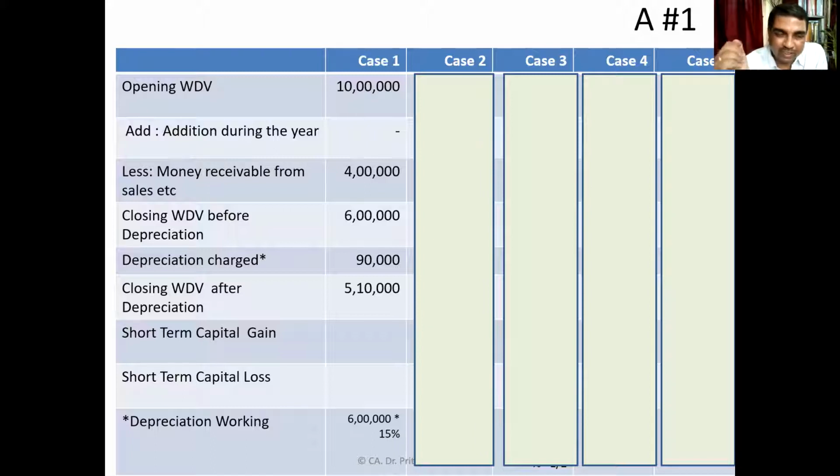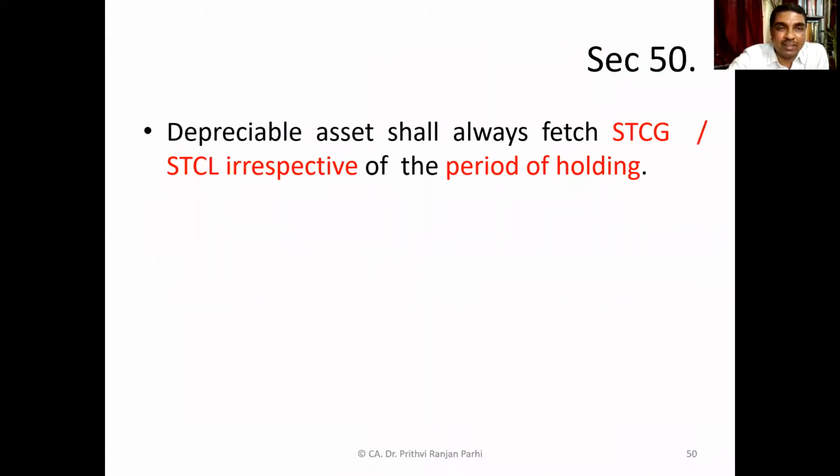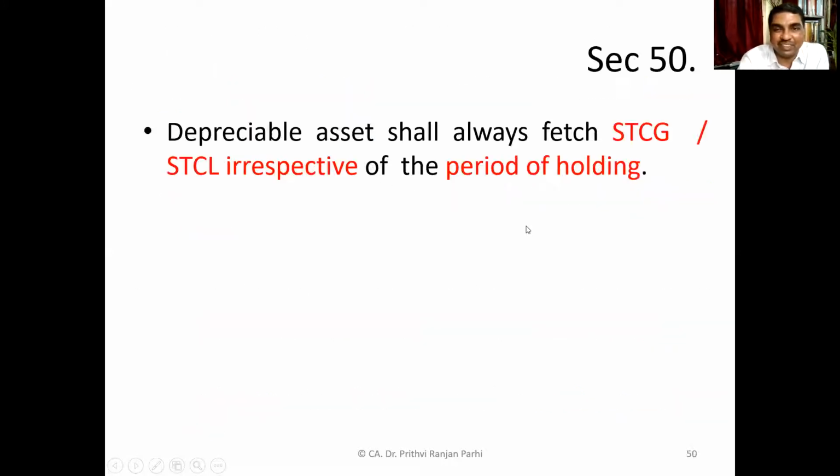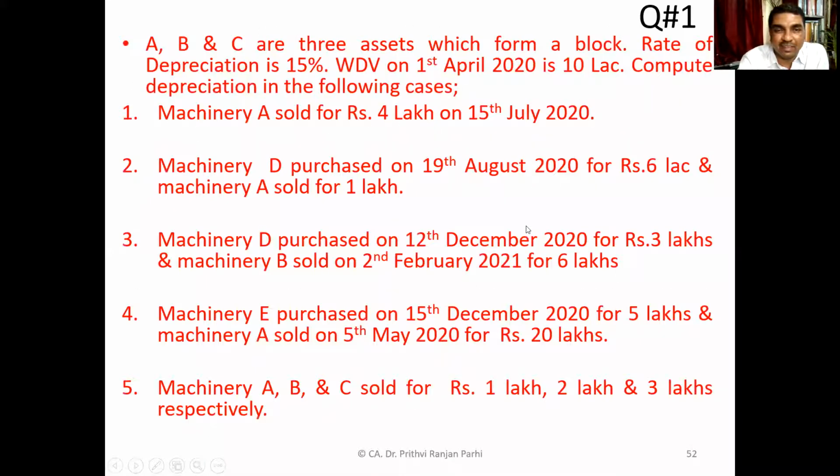The block exists, and the closing WDV you see is positive. Understood? If the closing WDV of the block before depreciation is negative, then there will be short-term capital gain. And when it is positive but the block is empty, then there will be short-term capital loss. This concept you have to keep in mind.